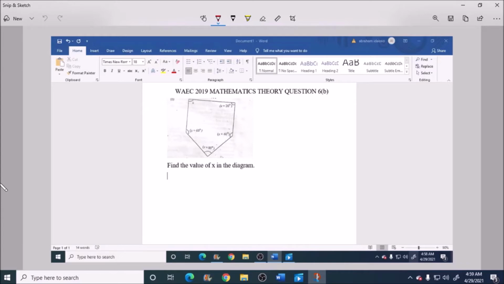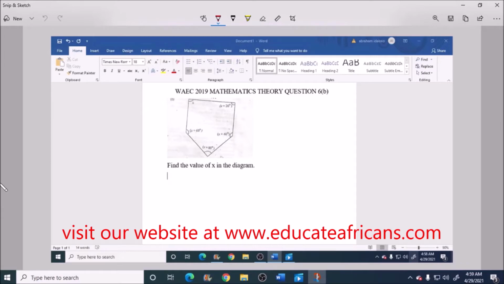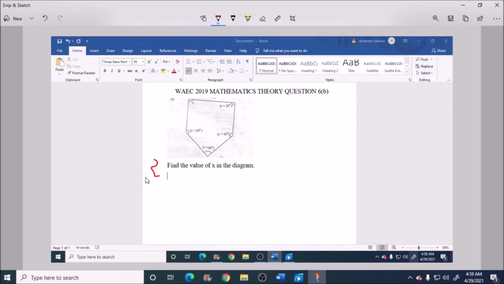So let's find the sum of all the interior angles and equate it to the sum of interior angles of a convex pentagon. x + 60 + x + 80 + x + 40 + x + 20 equals (2 times 5 minus 4) times 90.